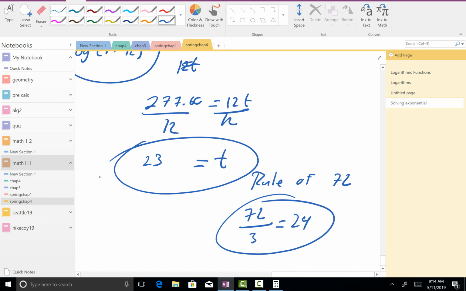As long as the interest rates are rather low, the rule of 72 works almost every single time. When you have a higher interest rate, it's not going to work. But if we're at 5, 6, 8, or lower, you can figure it out.